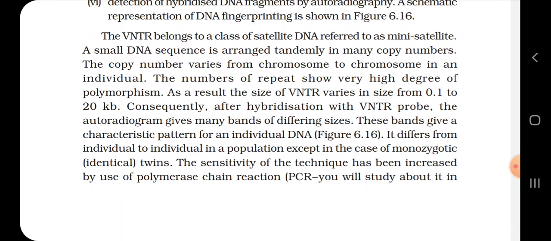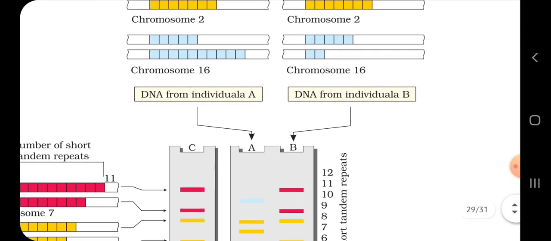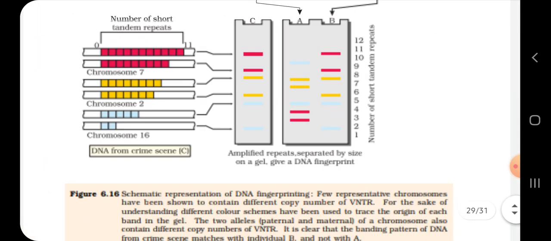That means a few bands may match, but all will not match for all individuals. So it differs from individual to individual in a population, except in monozygotic or identical twins, where this is not applicable. You can see the process given here.